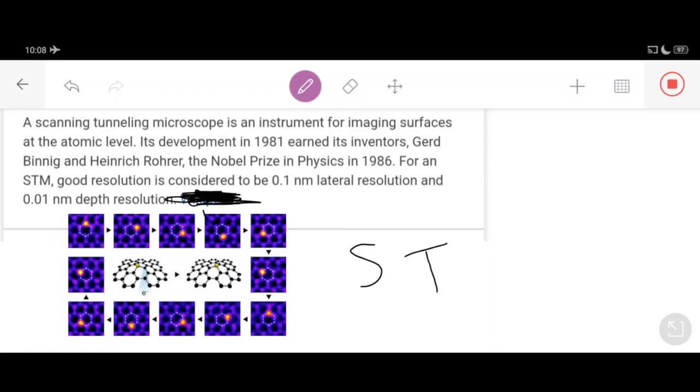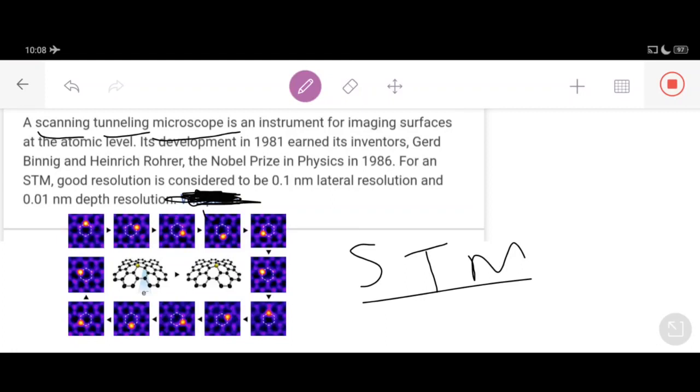The thing we are going to discuss is that if these atoms are very meager in size, then how can we see them.